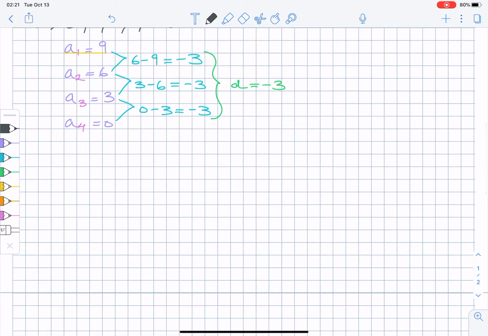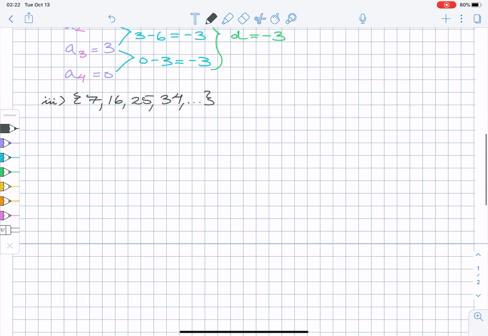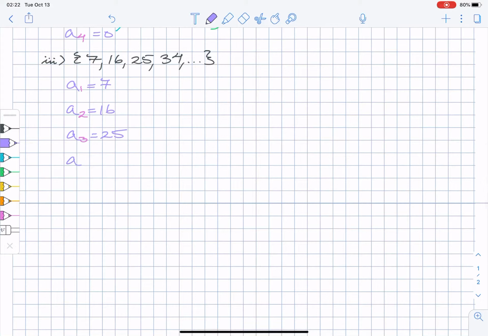Okay, let's do a third one. So 1, 2, 3. Let's say we have 7, 16, 25, 34, etc. Okay, so a sub 1 is equal to 7, a sub 2 is equal to 16, a sub 3 is equal to 25, a sub 4 is equal to 34.